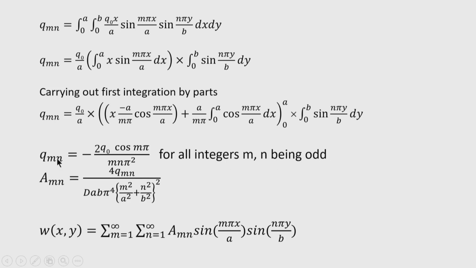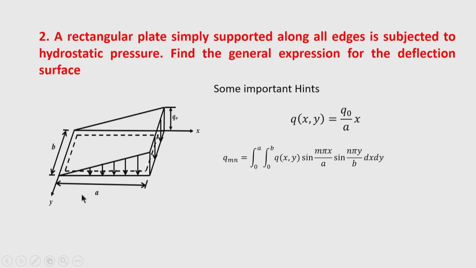So, once you get qmn, then you can find amn again for the values of odd integers. Therefore, after getting your value of amn, you can get the deflected series w(x,y). Now, here because of this uniformly varying load, you will not find the deflection exactly at the center.